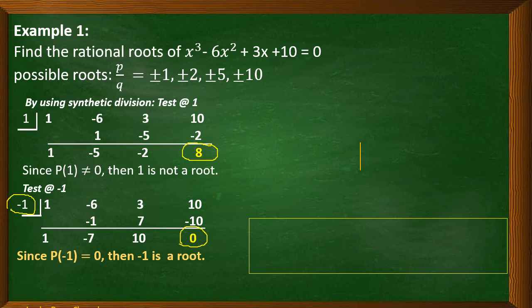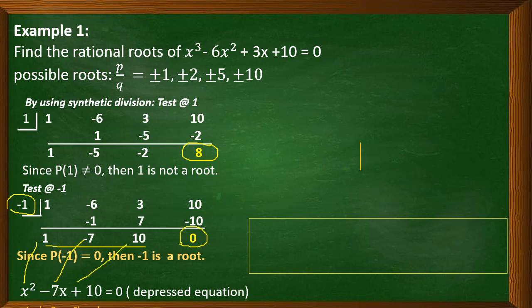We base it on the quotient part. From our previous lesson about synthetic division, the quotient is x squared minus 7x plus 10, and we just equate it with 0.